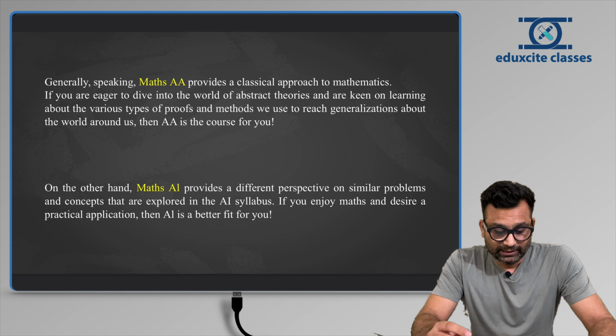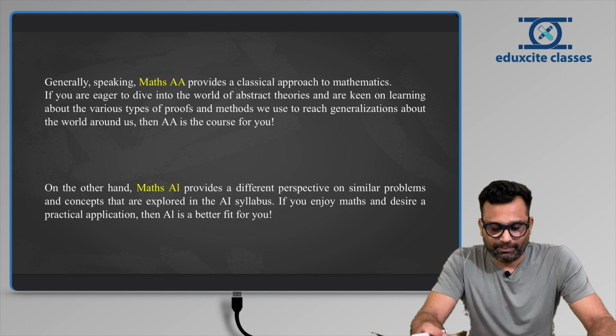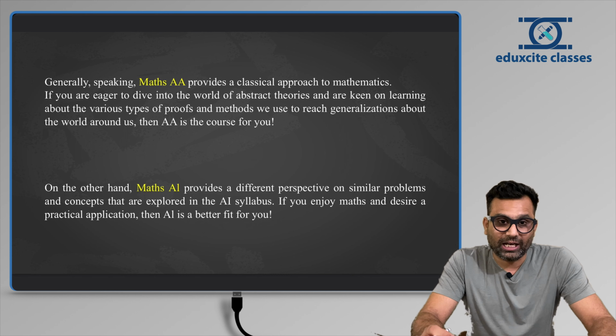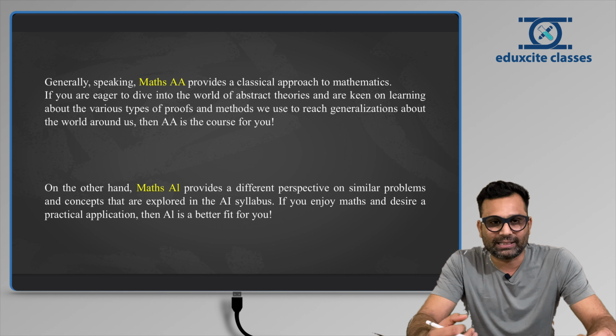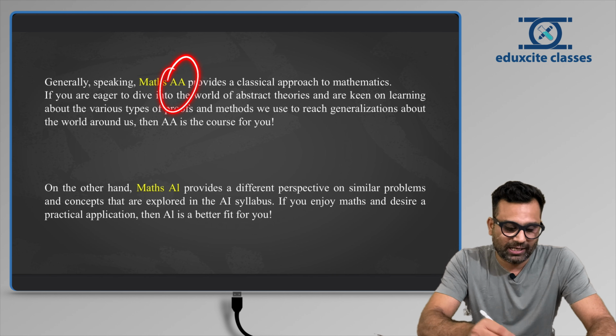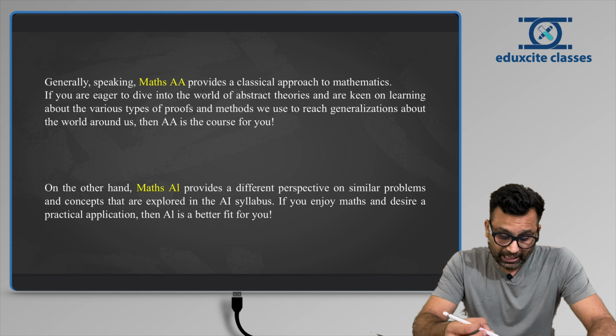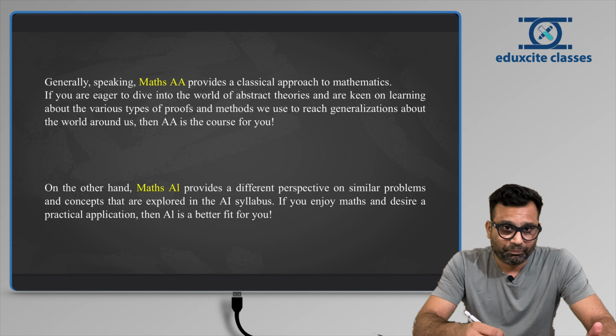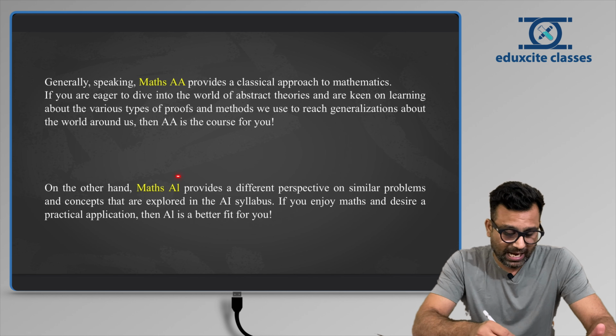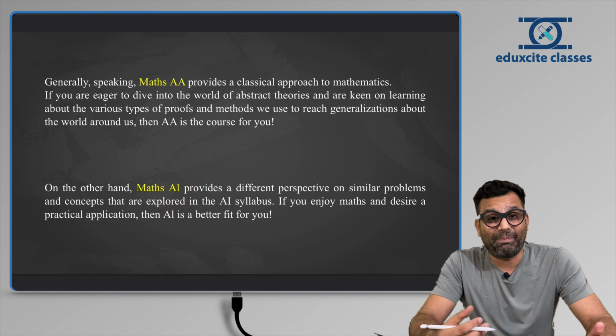Generally speaking, AA provides you a classical approach to mathematics. If you are eager to dive deeper into math, like most of the students who write an extended essay, they belong to AA. But if you would like to solve some real life problems related to math, then AI is the best option for you, because it is the application part.